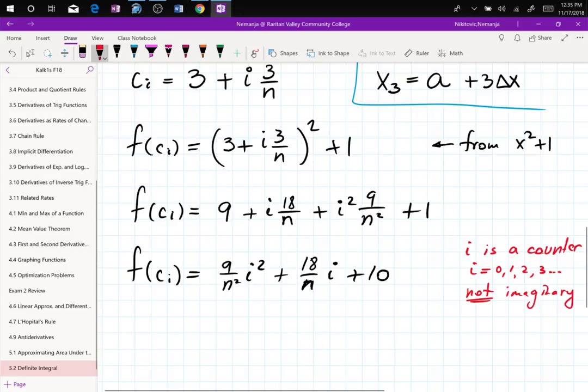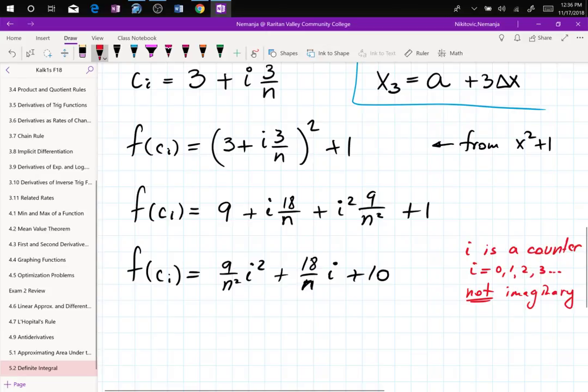Not an imaginary number. When I learned calculus for the first time, you know, back in my days in Serbia, we used j, so we don't get into the issue of, oh, it's a complex number. But i is a counter. That's that i underneath the summation that takes values as, you know, 1, 2, 3, 4, and so on.